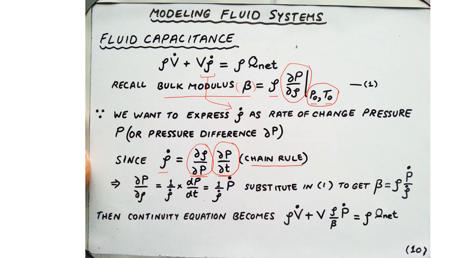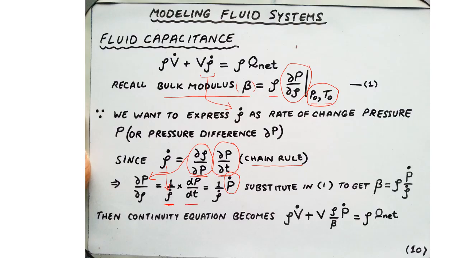As a consequence, we have a p dot term over here. What we are going to do is bring this term to the left hand side after taking its inverse. So we are going to get 1 over the partial rho by partial p, which is the term originally on the left hand side, in the denominator, times the rate of change of pressure.